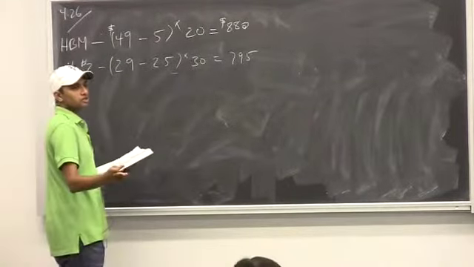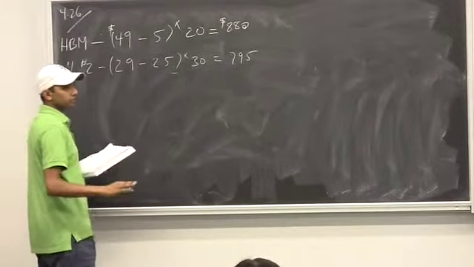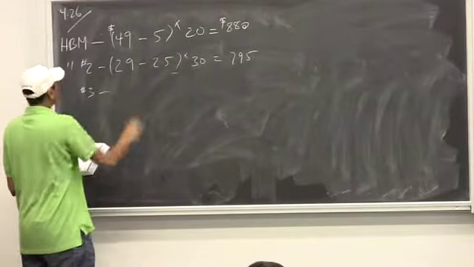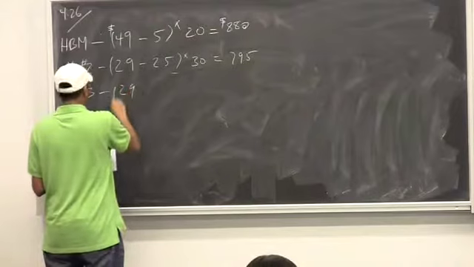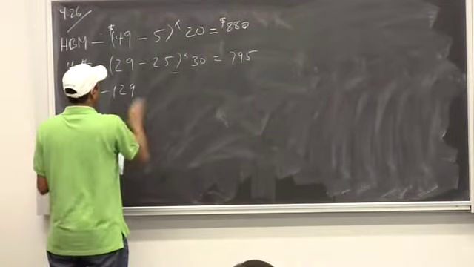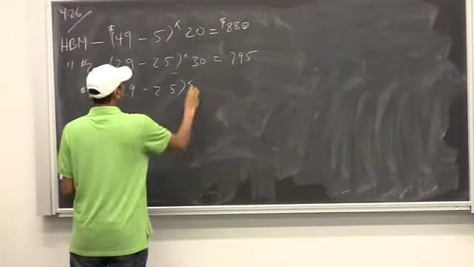Whenever that's for contribution margin, it's just revenue minus your variable cost, unless there's something to do with capacity. And the third one, it's $29 again and variable cost of $2.50, times 45.